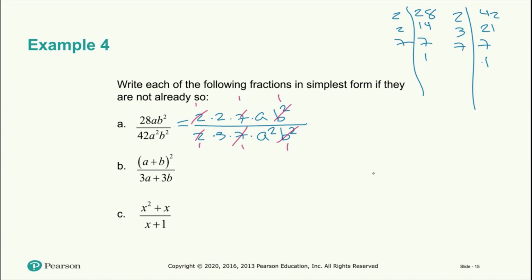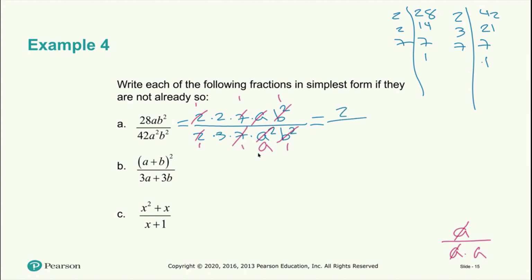And notice that a and a squared cancel out, leaving an a on the bottom, right? Because notice on the top you have an a, on the bottom you have a times a, so when you cancel like that, you're only left with an a on the bottom, right? So be careful when you do that. So you get a. All right, and now we just go ahead and write what's left. So on the top, we notice that all we have left is a 2.